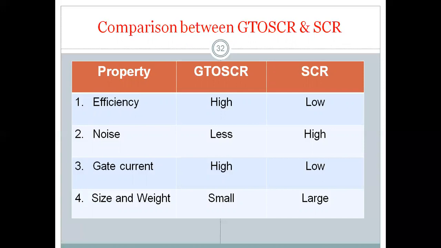When coming to the SCR, it requires commutation circuit for turn off. Coming to the GTO SCR, more di by dt rating at turn on. Then coming to the SCR, less di by dt rating at turn on.